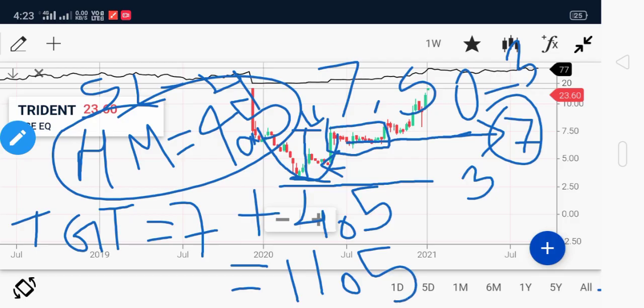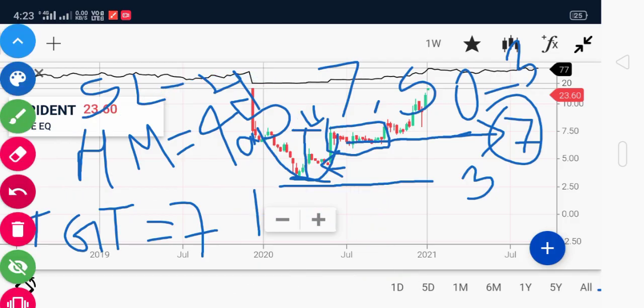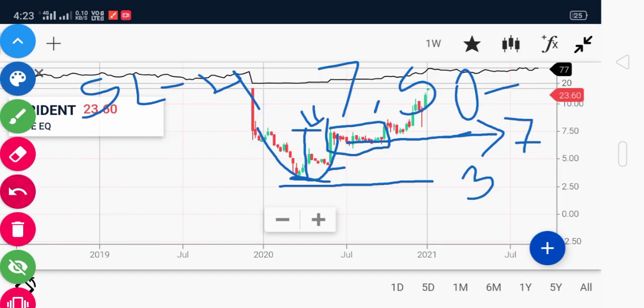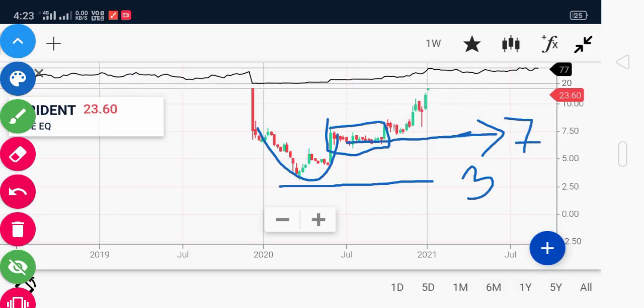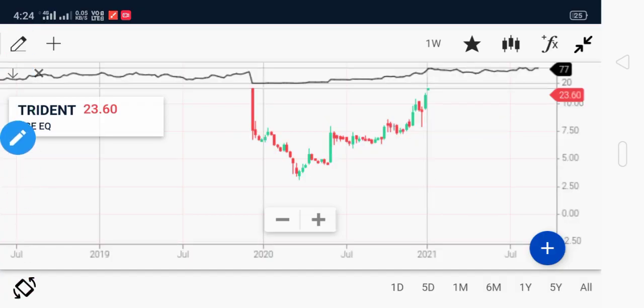Our target will be 11.5. Let's see whether the stock touched 11.5 and gave our safe target or not. Those people who are safe traders will exit on the safe target.